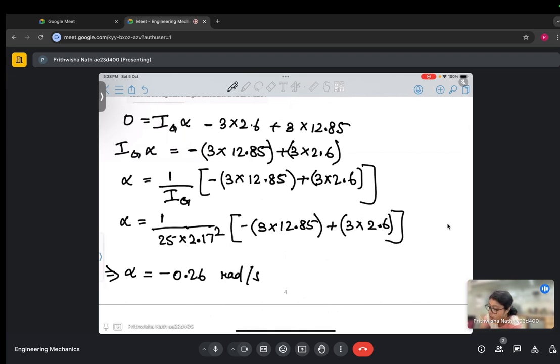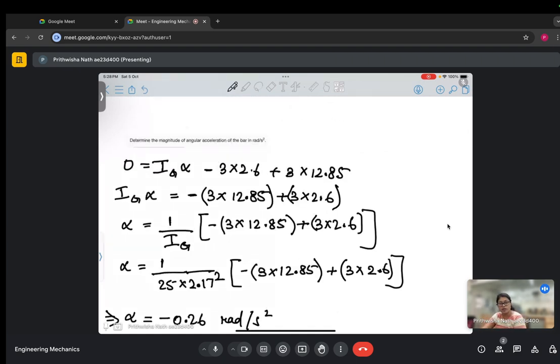So in the question they have asked for the magnitude of the angular acceleration.